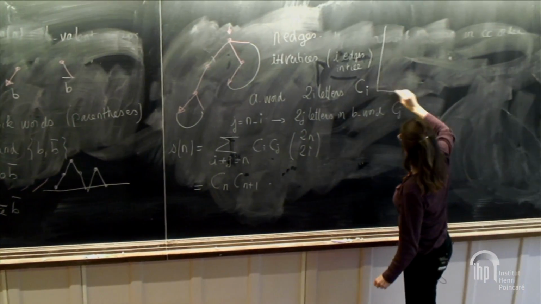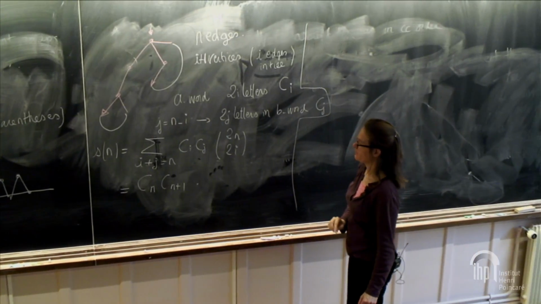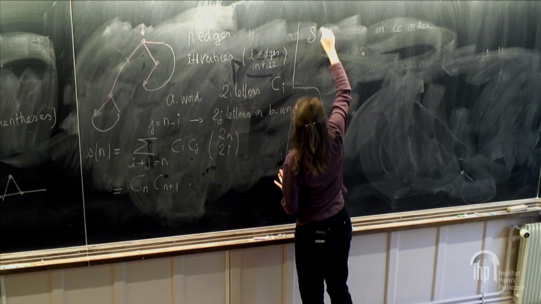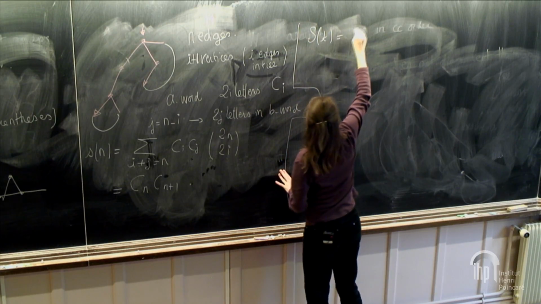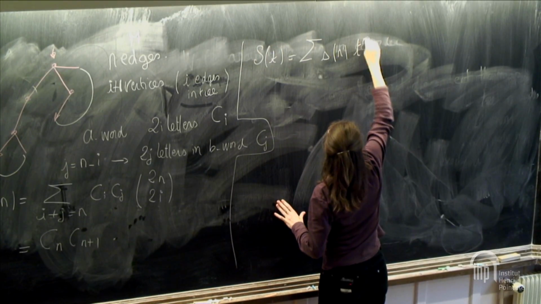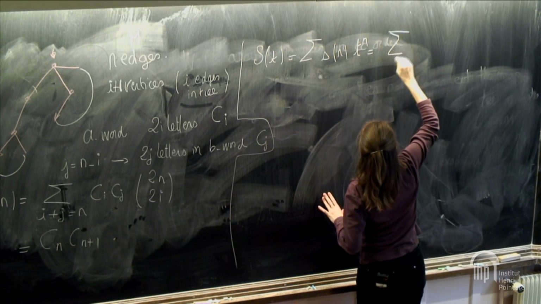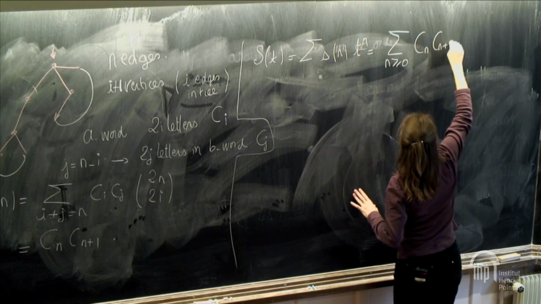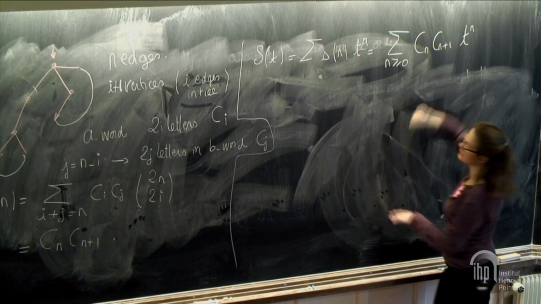So some remarks. First, we have the associated generating function, which is the sum of C_n C_{n+1} t^n.